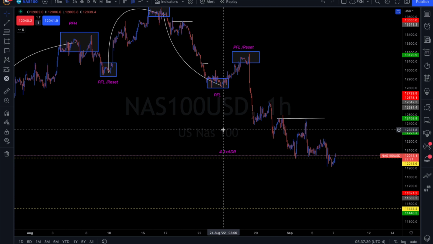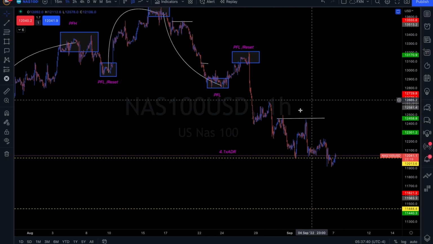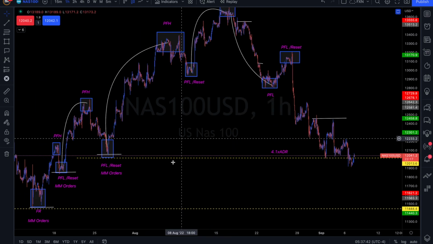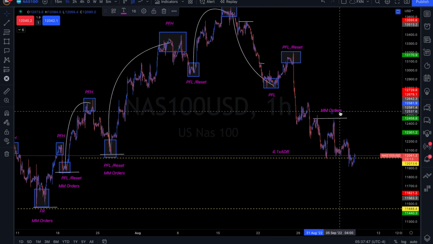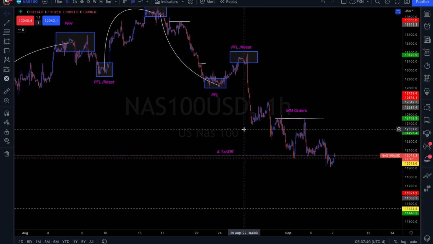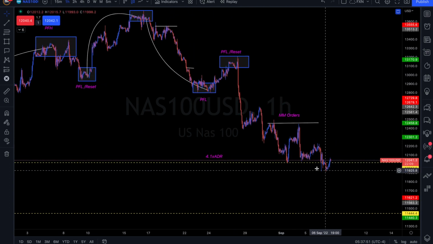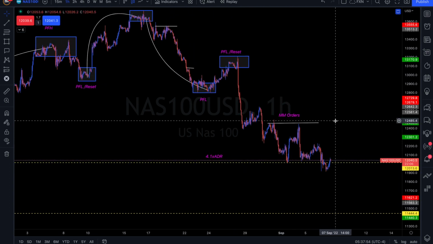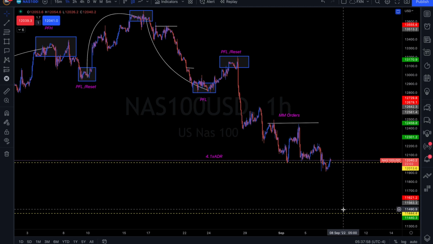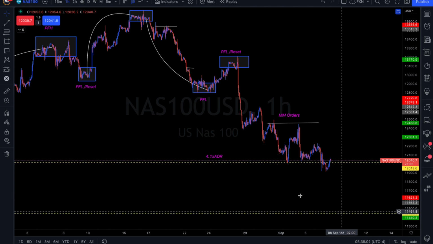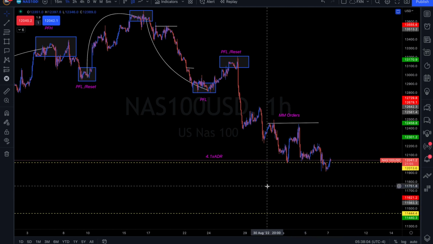So in this area, we're going to have market maker orders. So if we can create a peak formation low here, and then go back up, grab some more orders, and then work our way down, same thing. The next target is going to be down here.